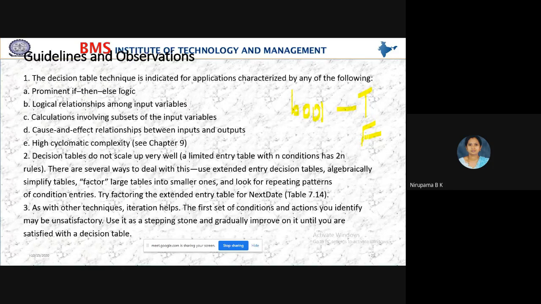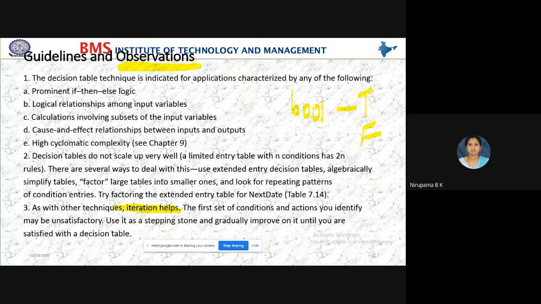Based on the factual value, the exact value, we do the decisions, and based on iteration techniques. The most important thing in the decision table is the observation.